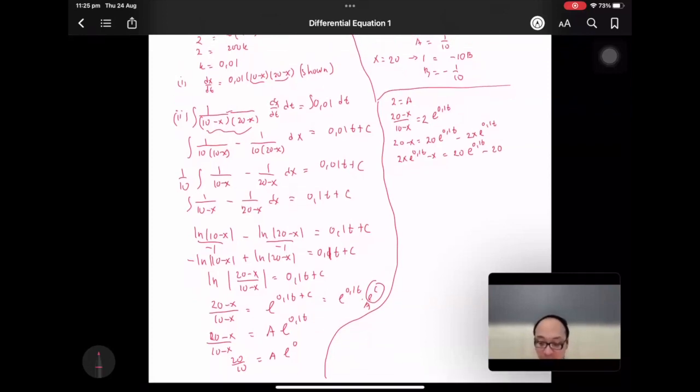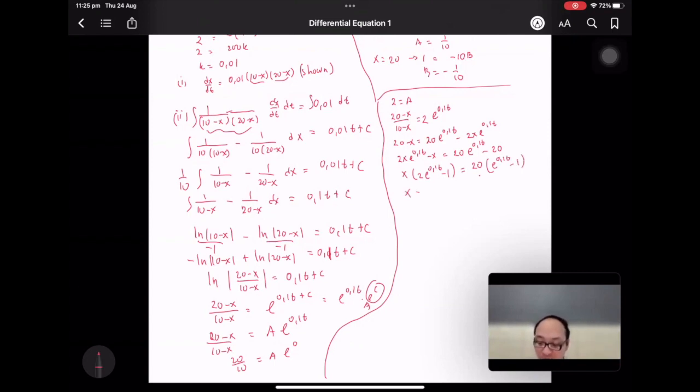So I can have x(2e^0.1t minus 1) equals 20(e^0.1t minus 1).